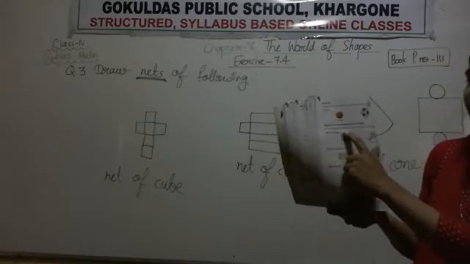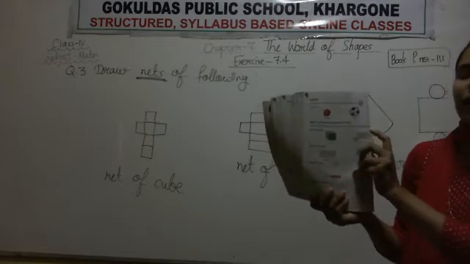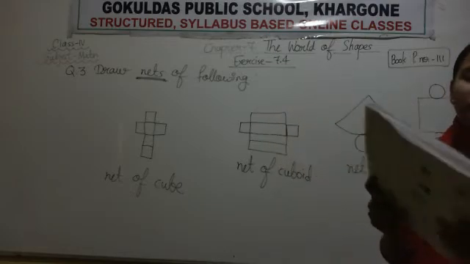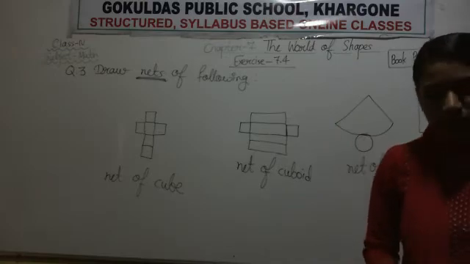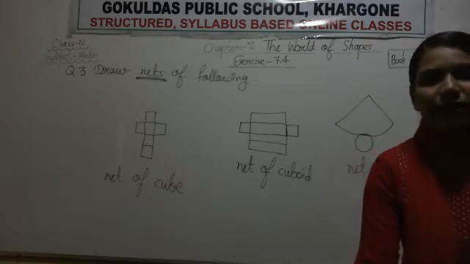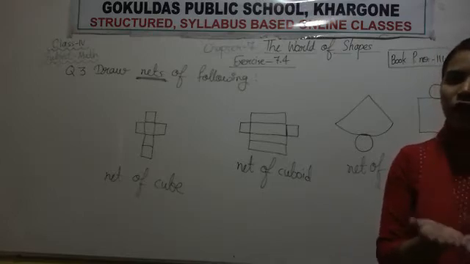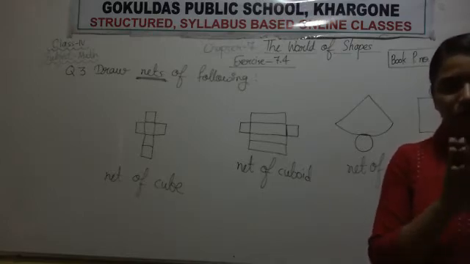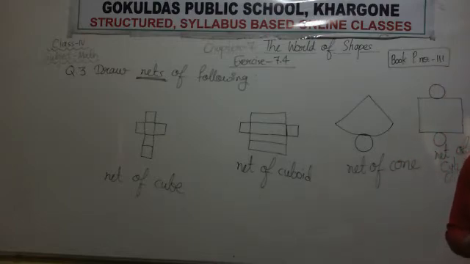A net of a three-dimensional shape can be obtained by unfolding the shape. So when we unfold the solids, we get a 2D shape which is known as a net. How do we get the net of solids? When we unfold a solid object, we get a 2D shape which is known as a net.